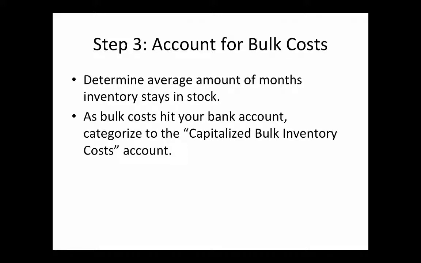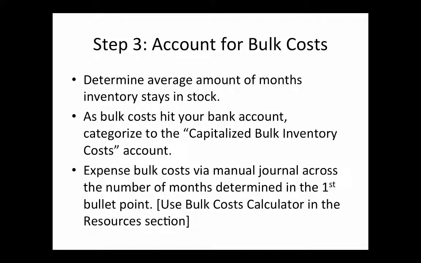And then what I want you to do is, as these bulk costs hit your bank account or you create supplier bills, I want you to categorize these line items to an account in the chart of accounts called Capitalize Bulk Inventory Costs. And then each month we're going to do a manual journal where we're going to expense off a portion of these bulk costs.